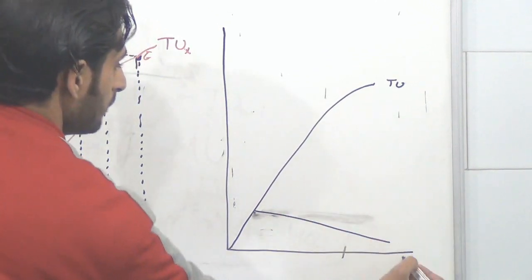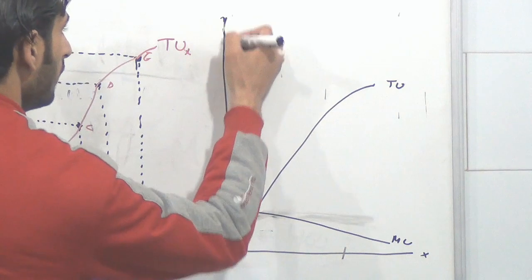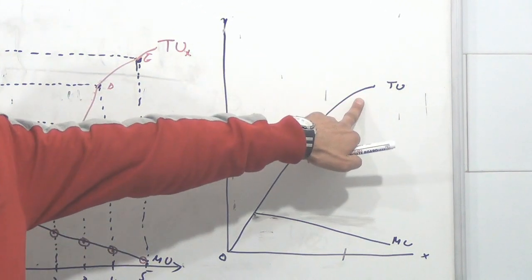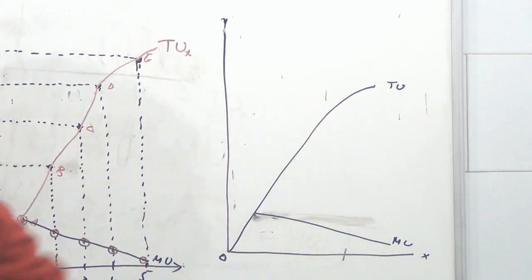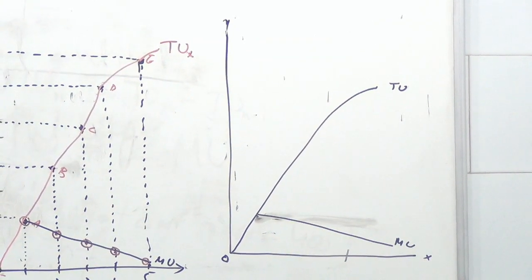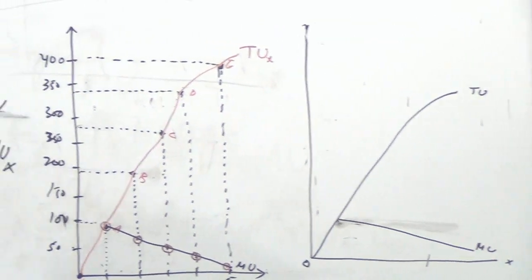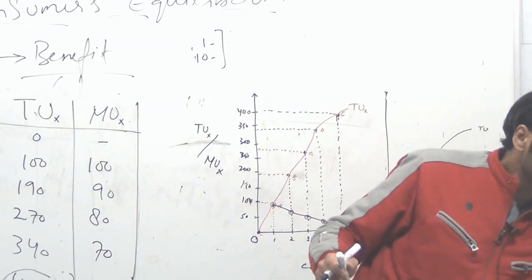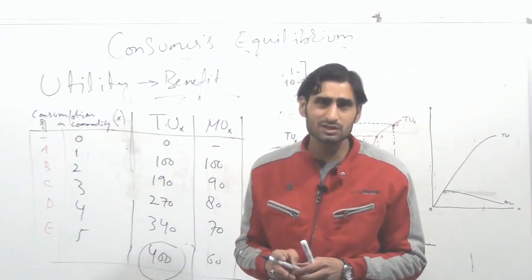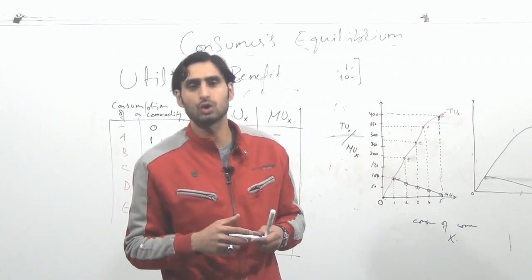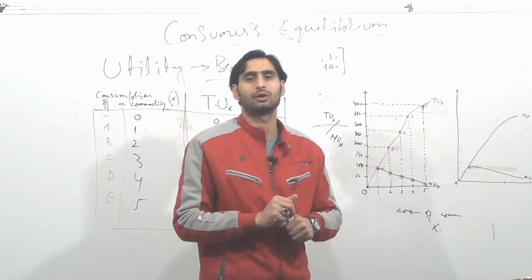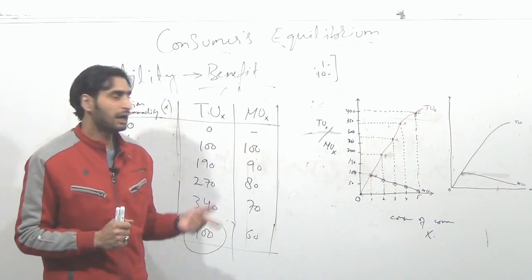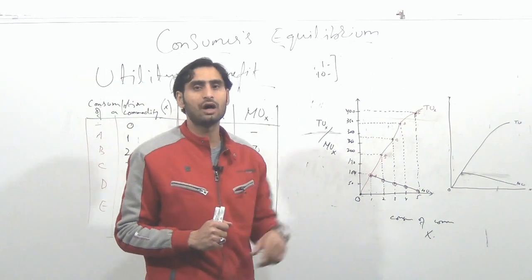And you may now be able to see how curves like the total utility curve and the marginal utility curve look. So this leads us to another concept: what is the relationship between total utility and marginal utility?